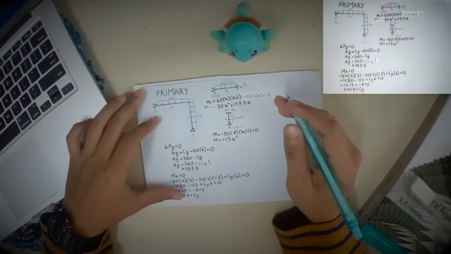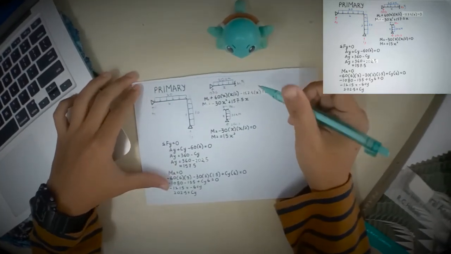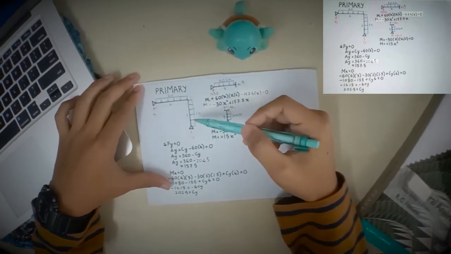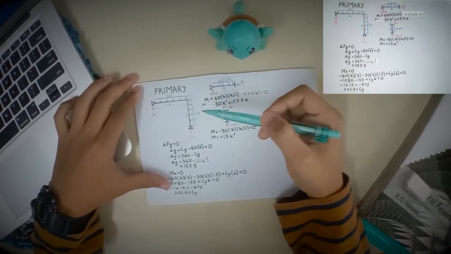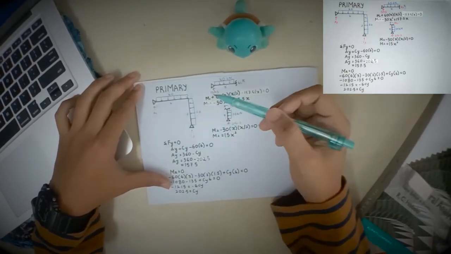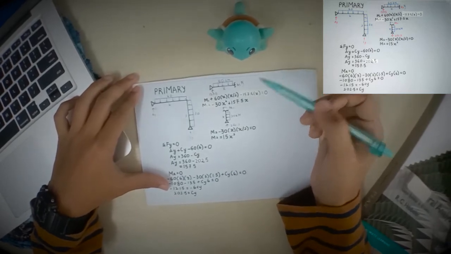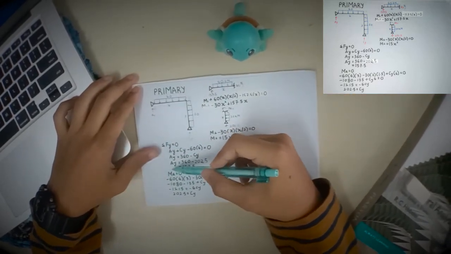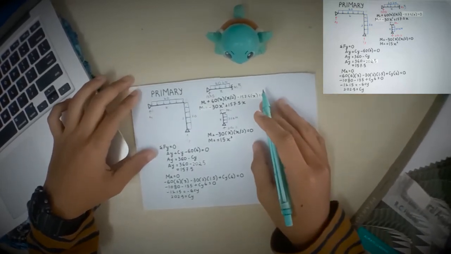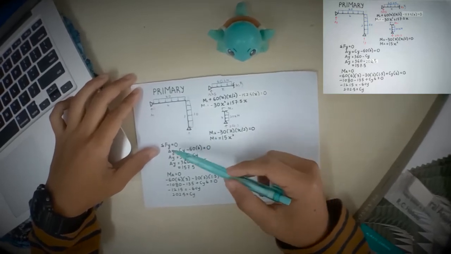Okay, here we go, the primary structure. For this delta C, we require application of a real load and a virtual unit load at C. First of all, we need to calculate the reactions and the internal moment by using the equilibrium equation. As you can see here, for the primary structure, we can find the reaction by using the equilibrium equation.